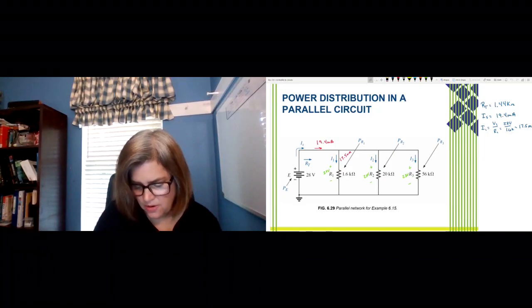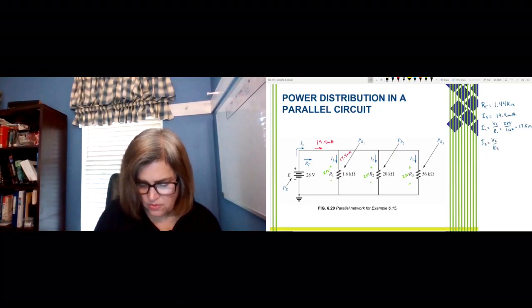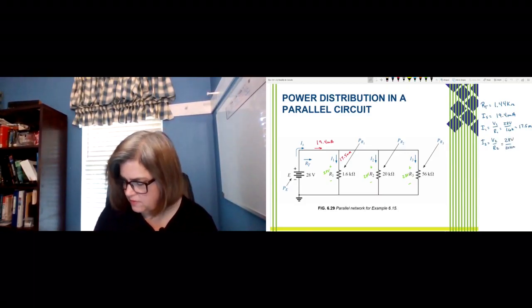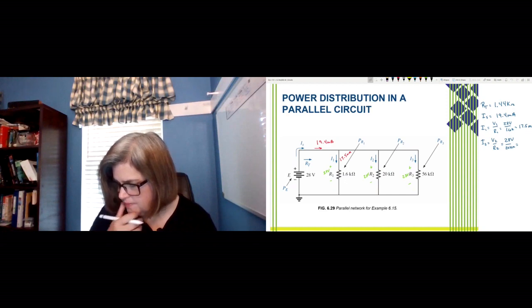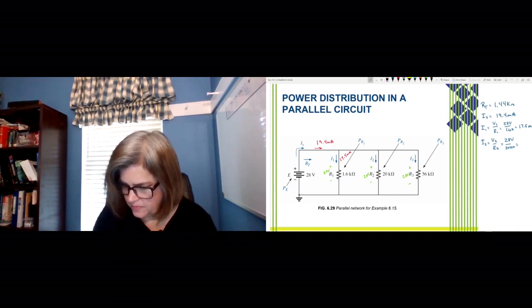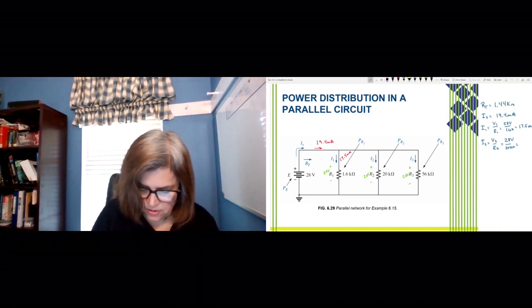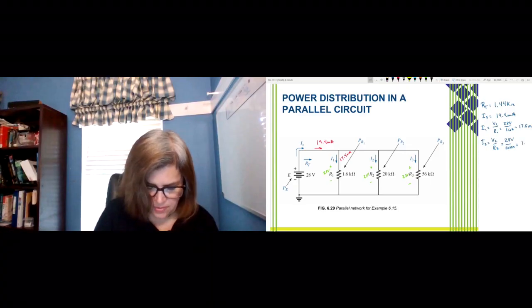And then our I2 is V2 over R2, or 28 volts over 20K ohms of resistance, which is 1.4 milliamperes.